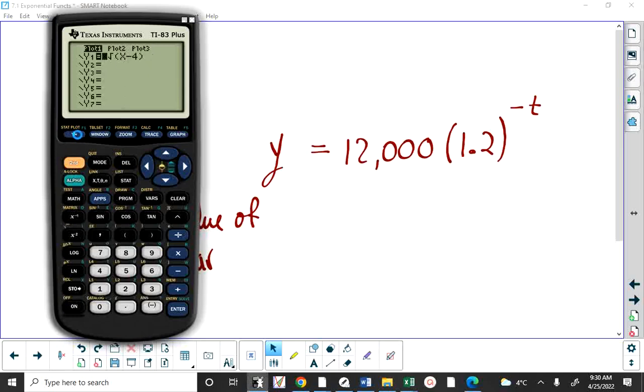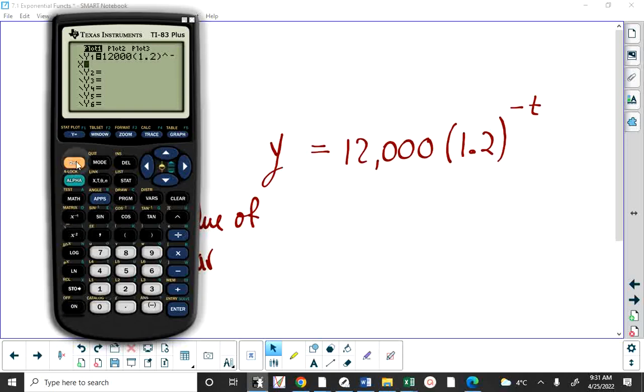If I put in for y 12,000 multiplied by 1.2 raised to the negative x. And by the way, I didn't get into this in the video because it's something I would rather be in front of you to gauge your response. Where you put that negative x, whether it's inside of the brackets or outside of the brackets, doesn't matter. You don't even need the brackets. You could just go 12,000 times 1.2 raised to the negative x. Okay, but I like to do it this way.